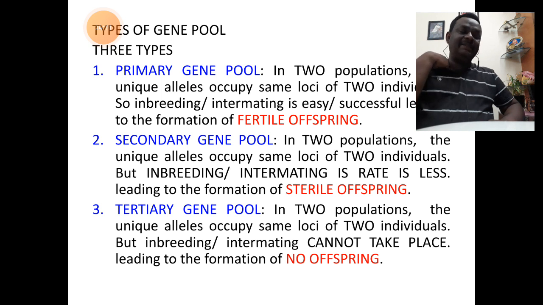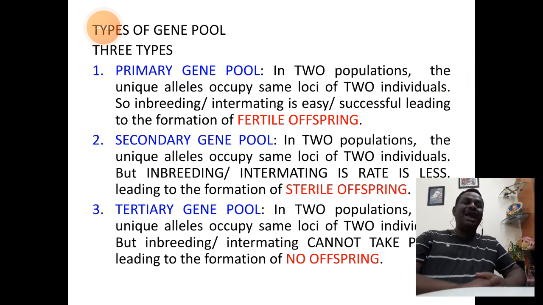After understanding the concept of gene pool, now we will understand the types. There are 3 types of gene pools. Number 1, primary gene pool. Number 2, secondary gene pool. Number 3, tertiary gene pool. Here, the quality of interbreeding and the offspring formed matters a lot to us. So this is the basis for the classification of gene pool. In the primary gene pool, the unique alleles occupy the same locus in 2 individuals.